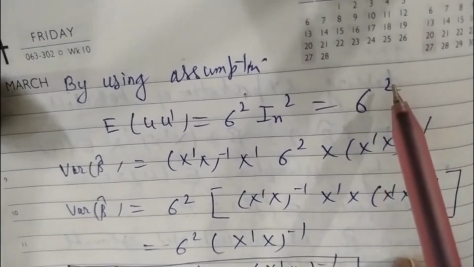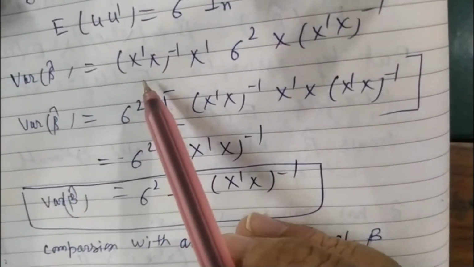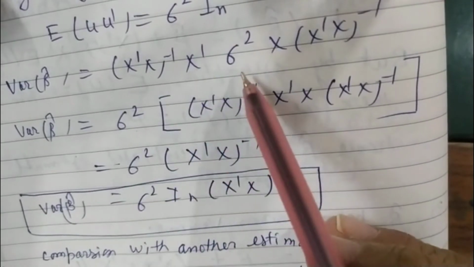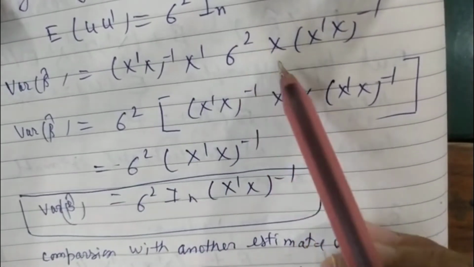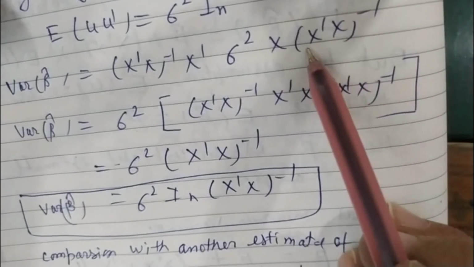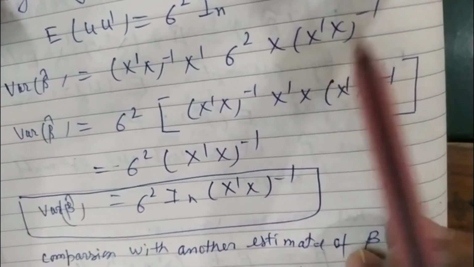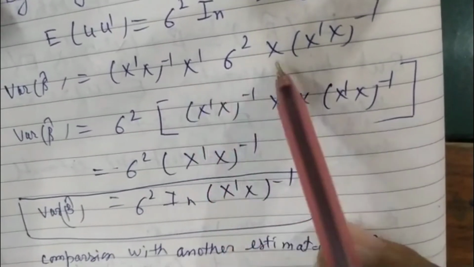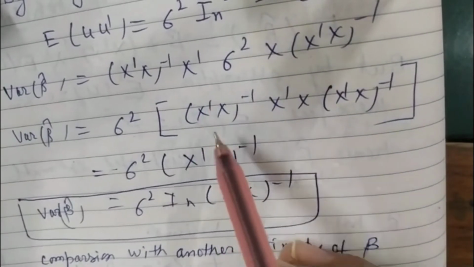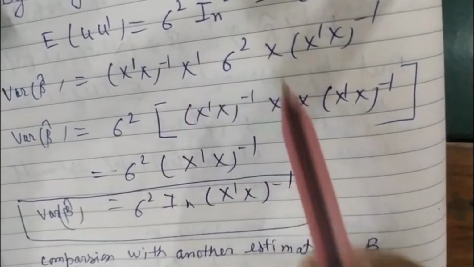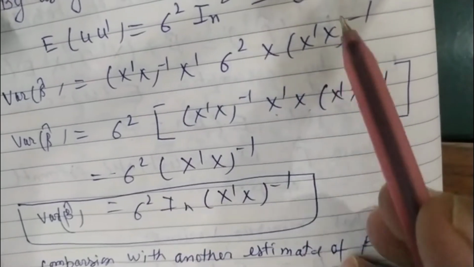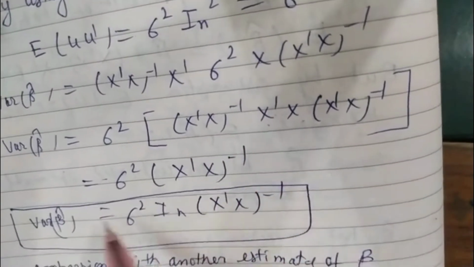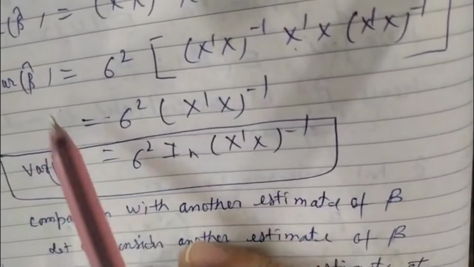The variance of estimated beta is (X'X) inverse X' times X (X'X) inverse, and after multiplying, X'X times its inverse becomes the identity matrix, and we get the variance of beta.